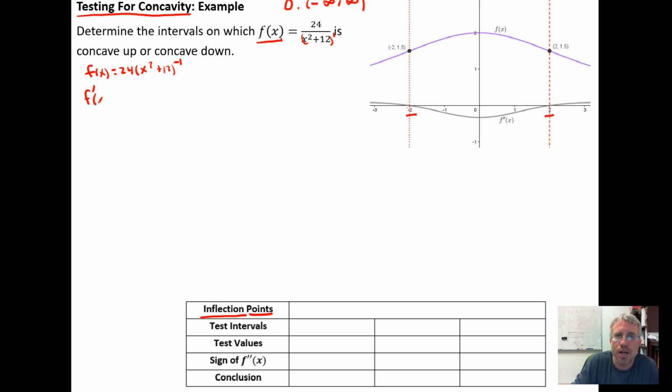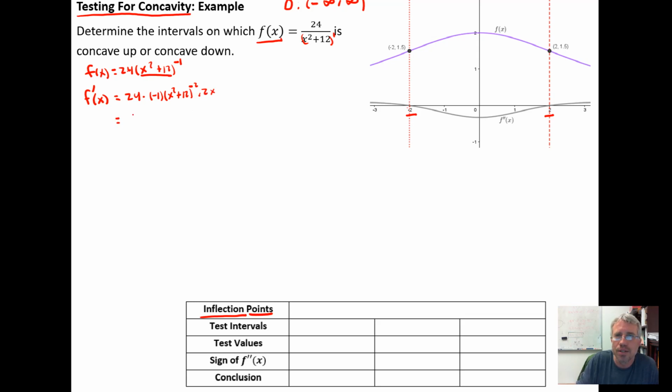So I first need to calculate the first derivative, which is going to be 24 times the negative 1 in the exponent position will come down. I get x squared plus 12. I have to subtract 1 from that exponent using the power rule, so I get negative 2 times. The chain rule says multiply by the derivative of the inside function, which is twice x.